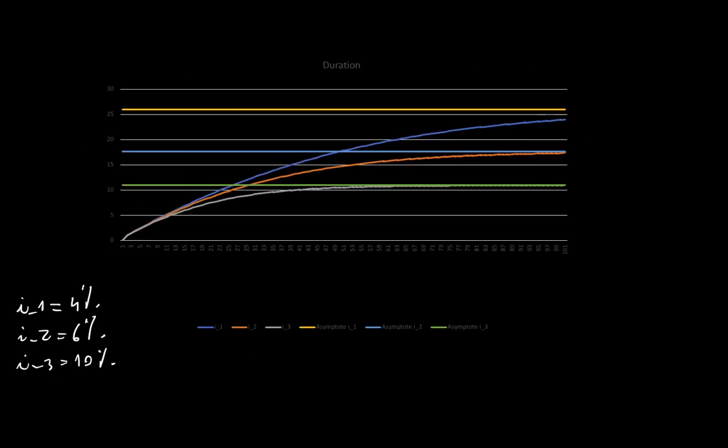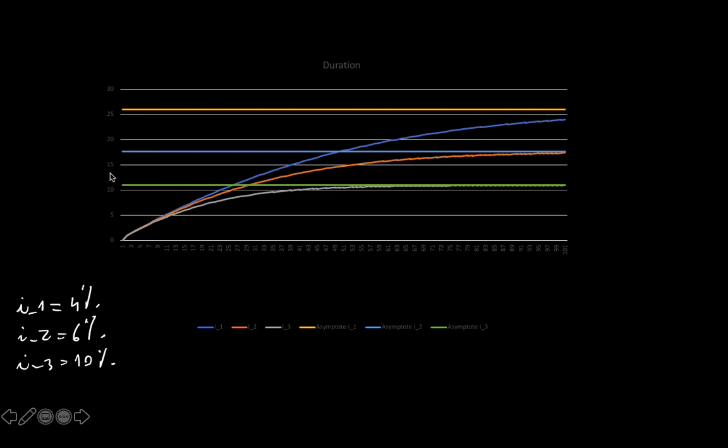Here there is a plot on Excel in which we can see the durations of annuities with different interest rates. For example, the annuity with interest rate equal to 10%, which is I3, has a lower duration, while the annuity with the lowest interest rate, which is 4%, which is I1, has the highest duration.